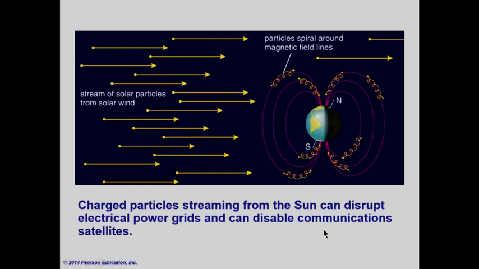But the other thing that they can do, because they are ionizing those elements in our upper atmosphere, is this: if you think of everything between the Earth's surface, its atmosphere, and high orbit around us, we've got communication satellites up there. We've got a space station up there with people living on it. So all of those things up there have to be prepared to deal with this type of space weather.